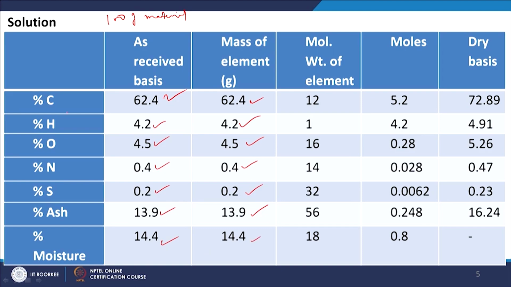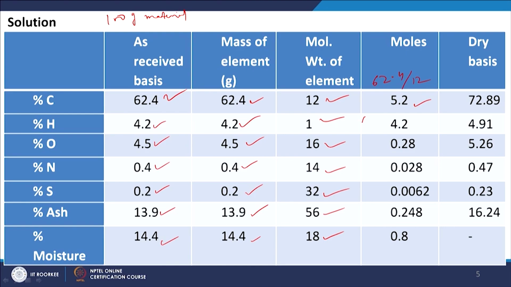Now, what are the molecular weights of the elements? Carbon has 12, hydrogen has 1, oxygen 16, nitrogen 14, sulfur 32, ash 56 and H2O 18. So, how many moles are present in this amount of material? Then we can get 62.4 divided by 12, that is equal to 5.2 for carbon.